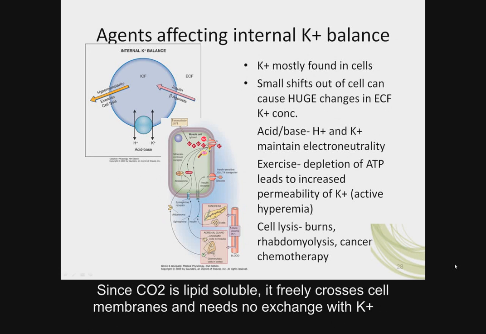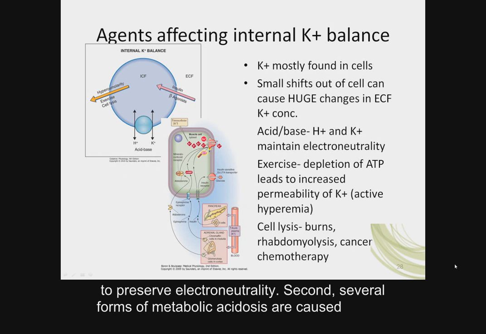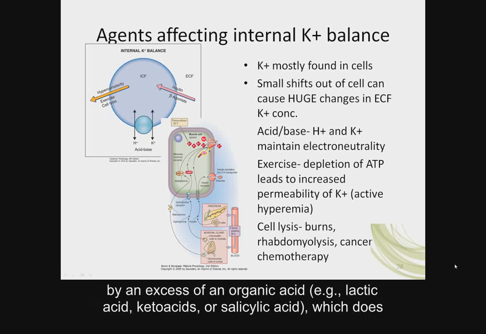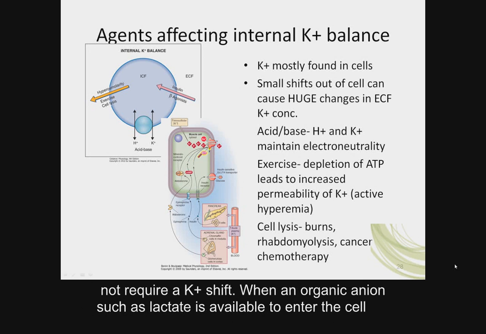Second, several forms of metabolic acidosis are caused by an excess of an organic acid, for example lactic acid, keto acids, or salicylic acid, which do not require a potassium shift. When an organic anion, such as lactate, is available to enter the cell with hydrogen, electroneutrality is preserved.